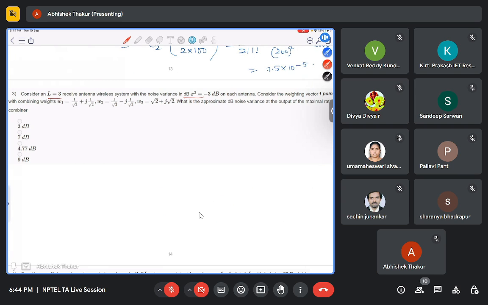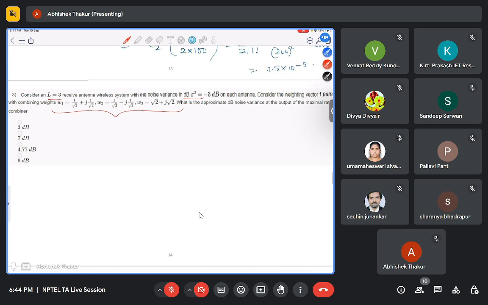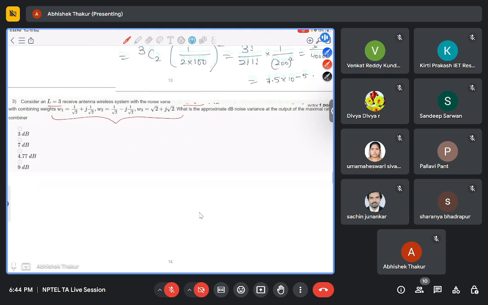So consider the weighting vector with combining weights. These are the weight vectors given, W1, W2 and W3. What is the approximate noise variance in dB at the output of the maximal ratio combiner?